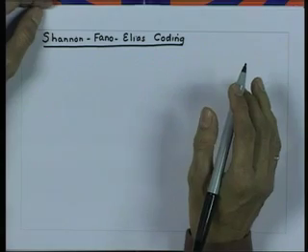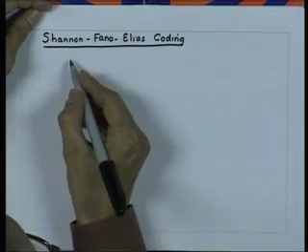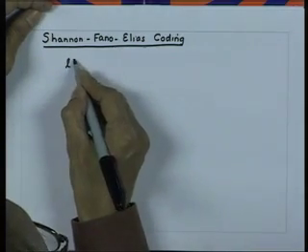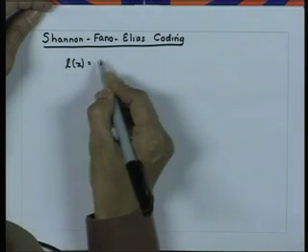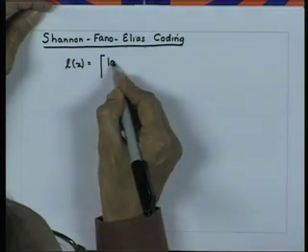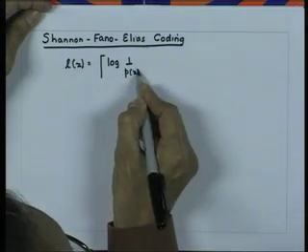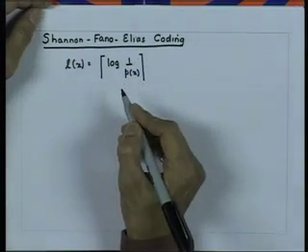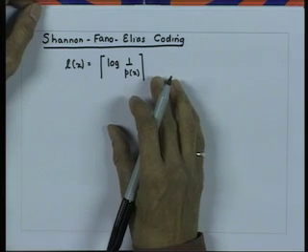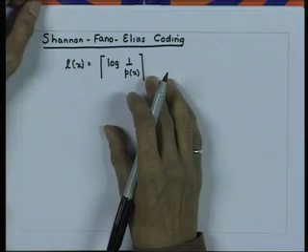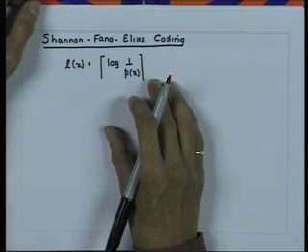We have seen that the set of lengths given as Lx equal to log of 1 by px can be used to construct a uniquely decodable code for the source.